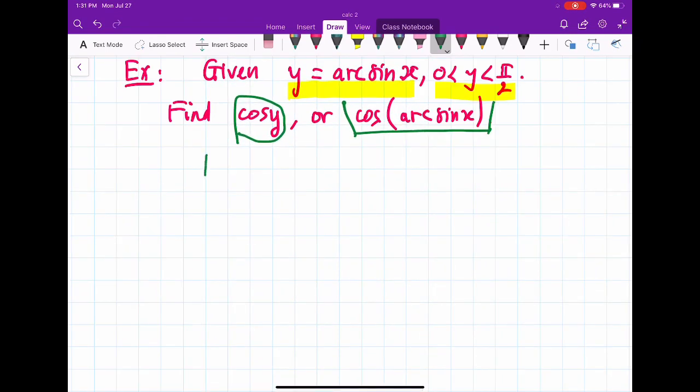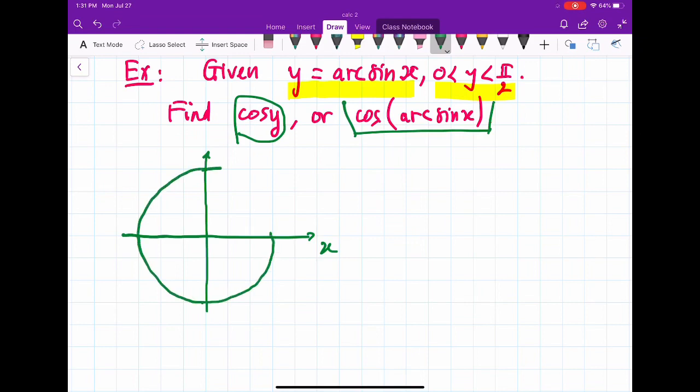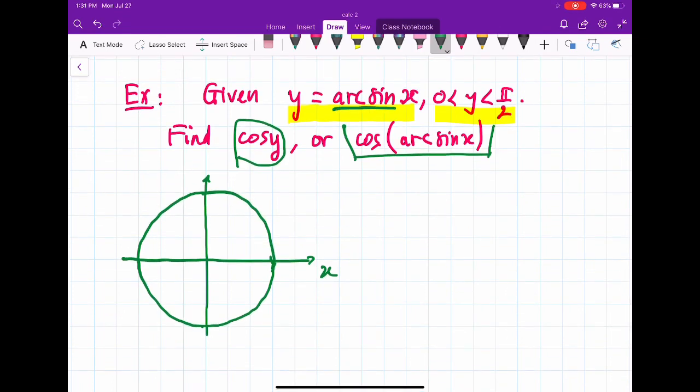Again, I prefer to show this on the unit circle. Okay, so I have a circle right here. Arcsine x, so that means x is the value, right? Because arcsine is an angle, you see this? So x is a value on where?